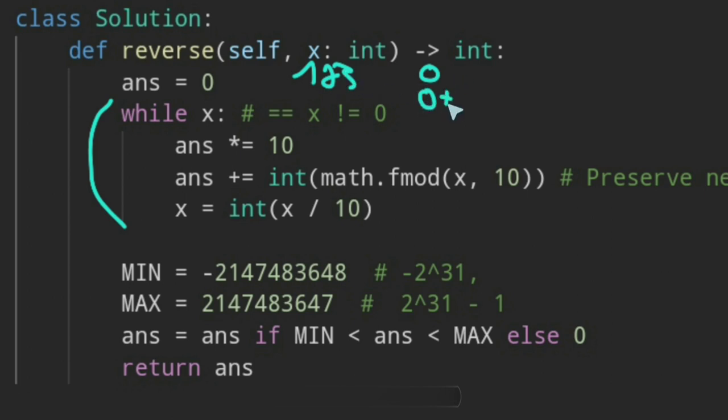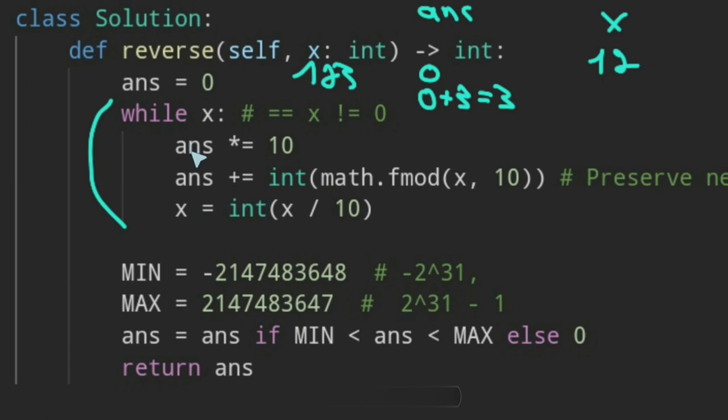So we do 0 plus 3, is 3. Now we take the input number and we divide it by 10, again with this trick of integer. So now the input number would be 12.